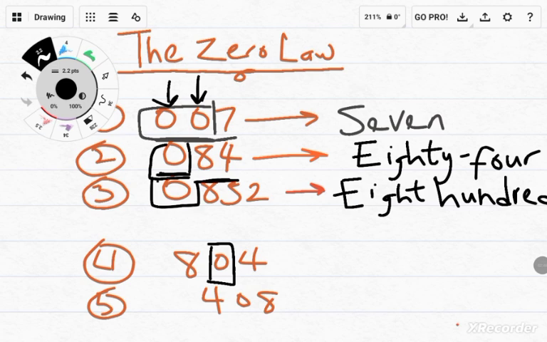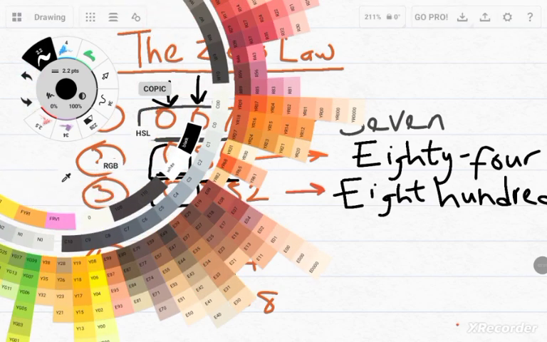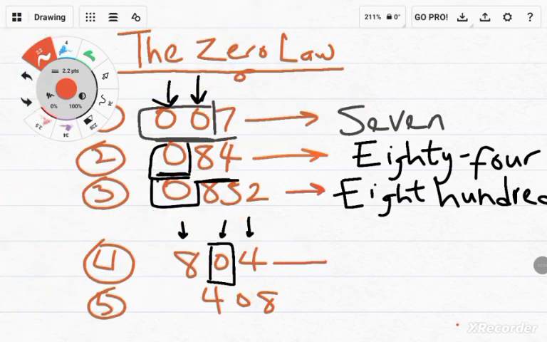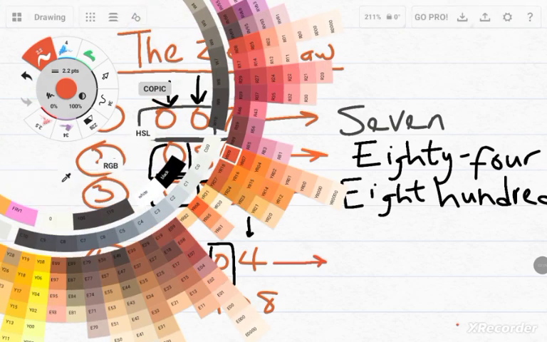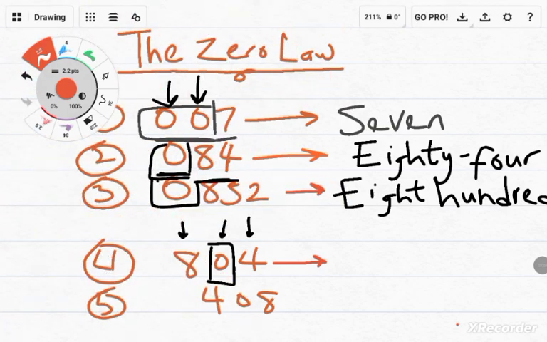In this case, you are seeing 8, then 0, then 4. It means when you want to write this number in words, you are going to count the 0 as part of it. Why? Because 0 is falling in between two numbers. It's not outside anymore. So if I want to write this in words, what would this be?